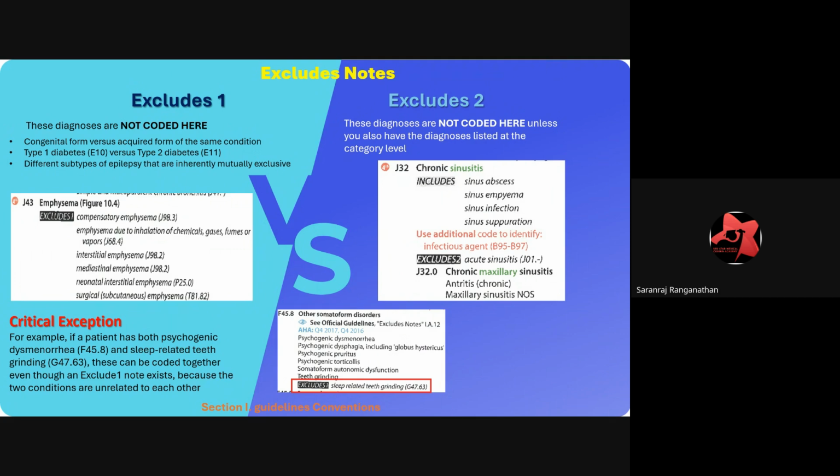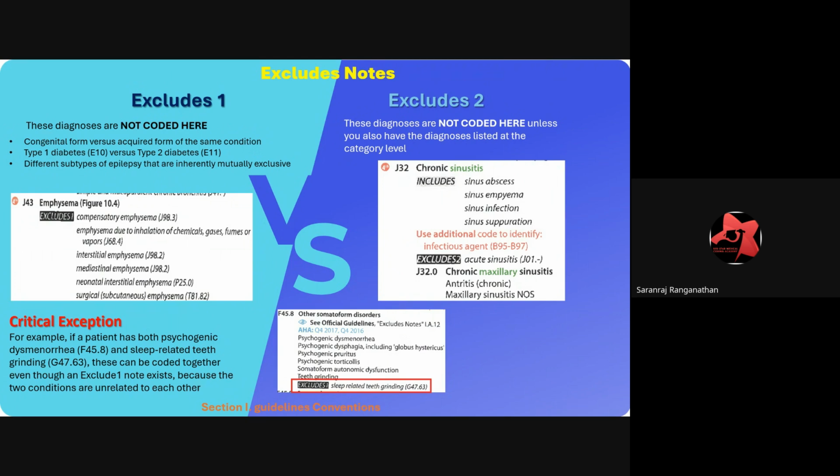Sleep is completely different and dysmenorrhea is completely different. The Chapter 5 guidelines say so, even though it comes under Excludes 1.